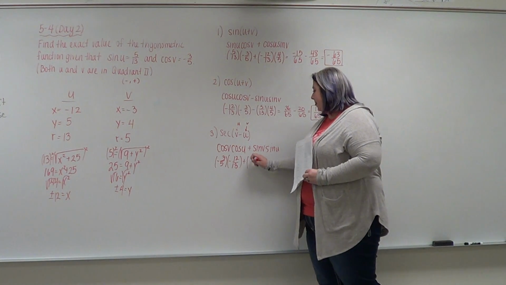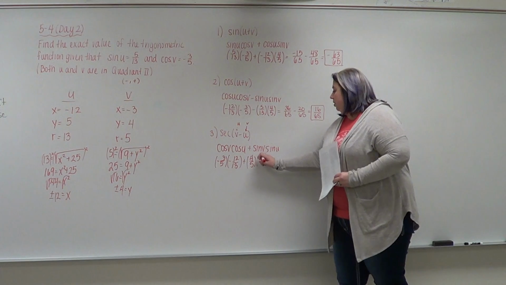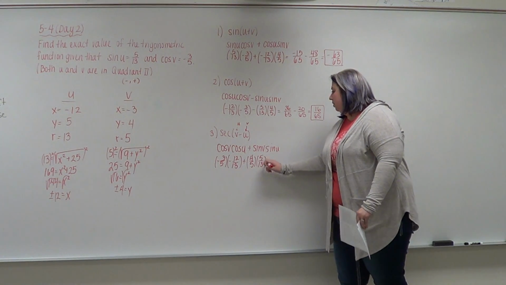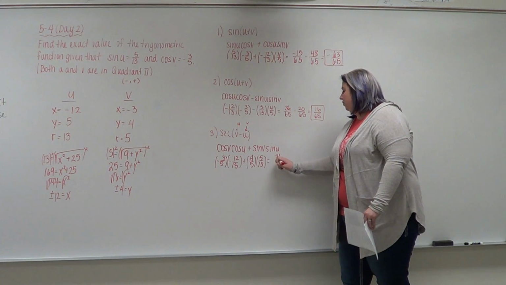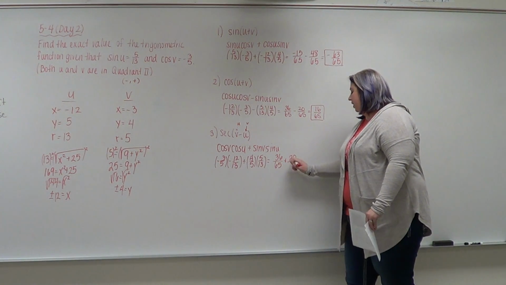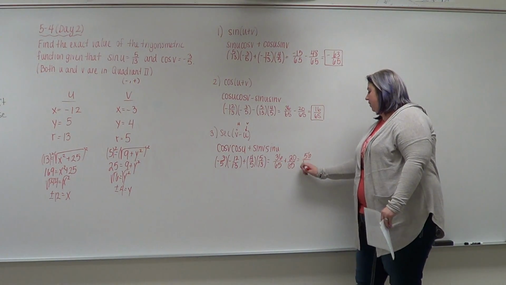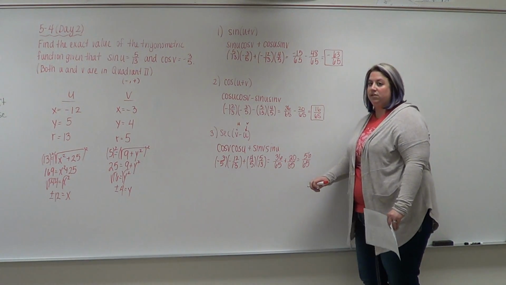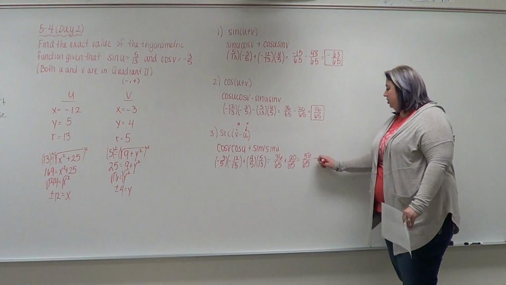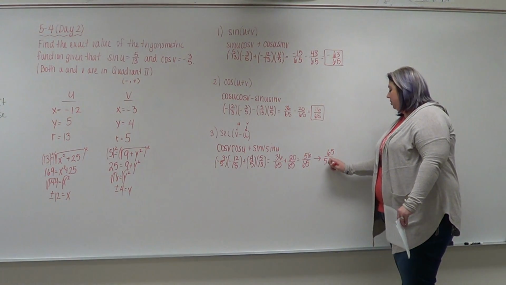Sine v, sine u, good. So I have 36 over 65 plus 20 over 65, which is 56 over 65. Okay, so since I want secant, we just take that answer and we do the reciprocal to get secant.